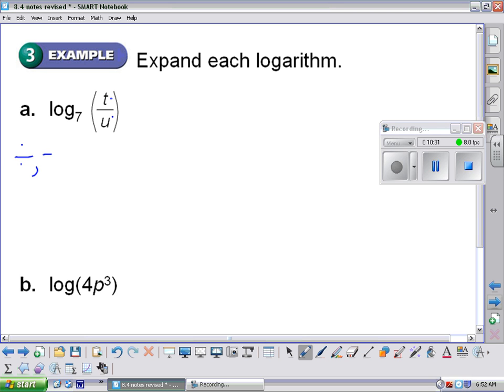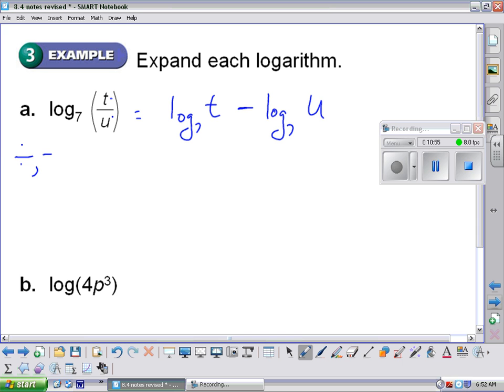All right? So basically, I'm going to write this as log base 7 of T minus log base 7 of U. And that's it. Okay, so basically the division sign becomes a subtraction sign, and I break it into two pieces.